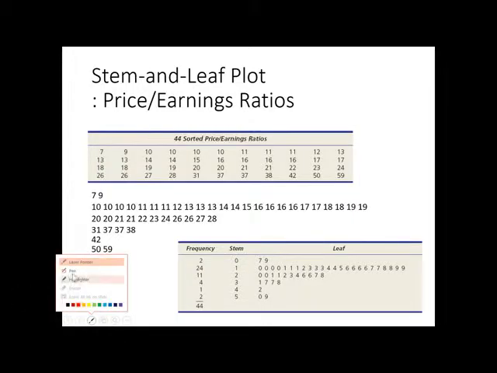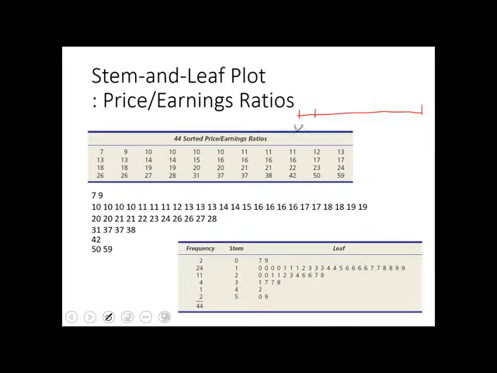Let me show you. For example, 0 to 10 is the first bin, and 10 to 20 is the second bin. Then 7 and 9 are included in the first bin, so we have only two data between 0 and 10; it is actually 0 to 9.